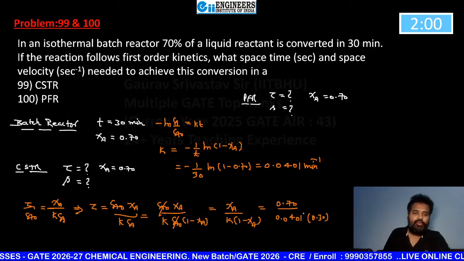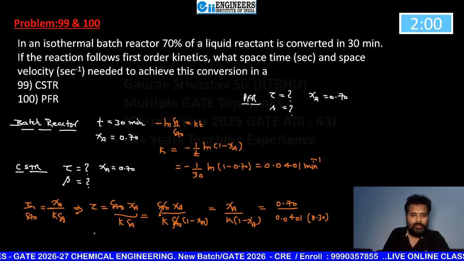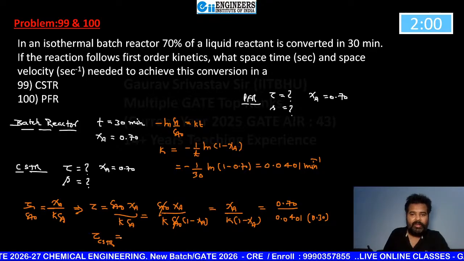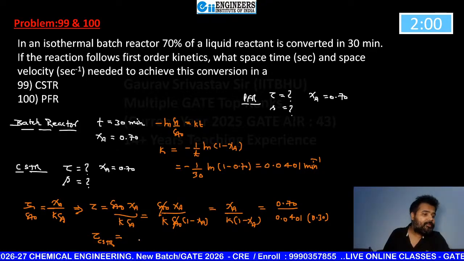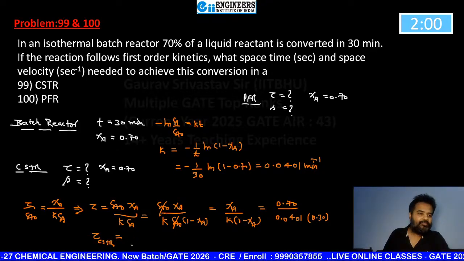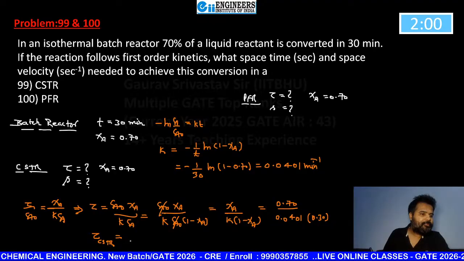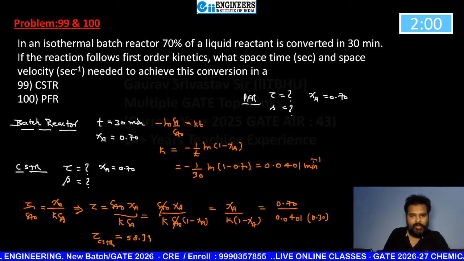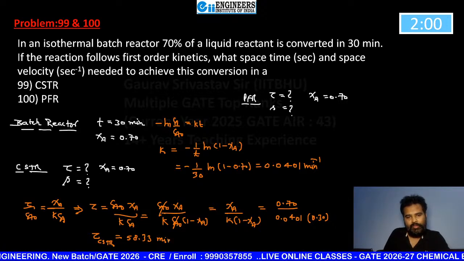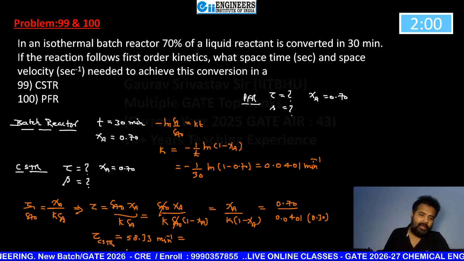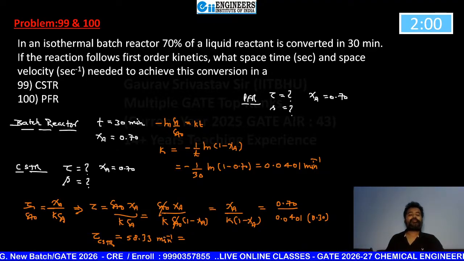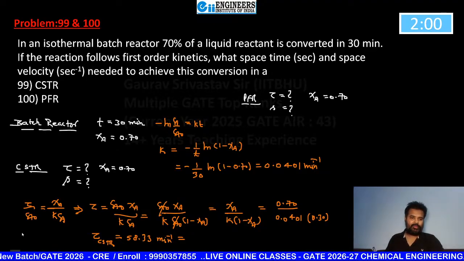Can you tell me what is the value of tau here? What did you get for tau of CSTR? 58.33 minute. Sorry, not minute inverse, it's minute.